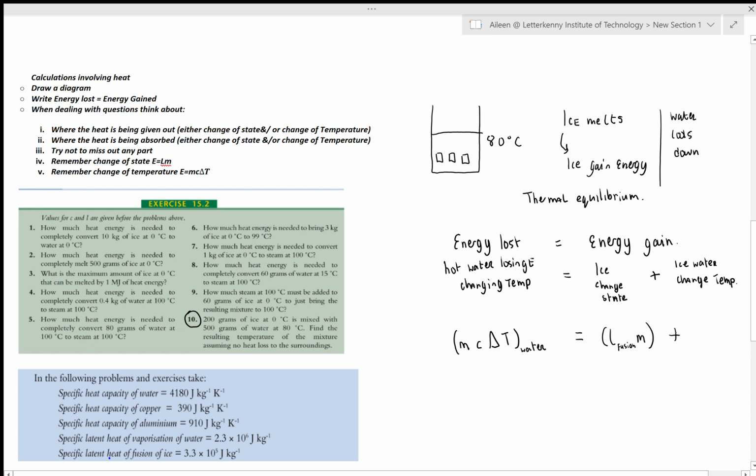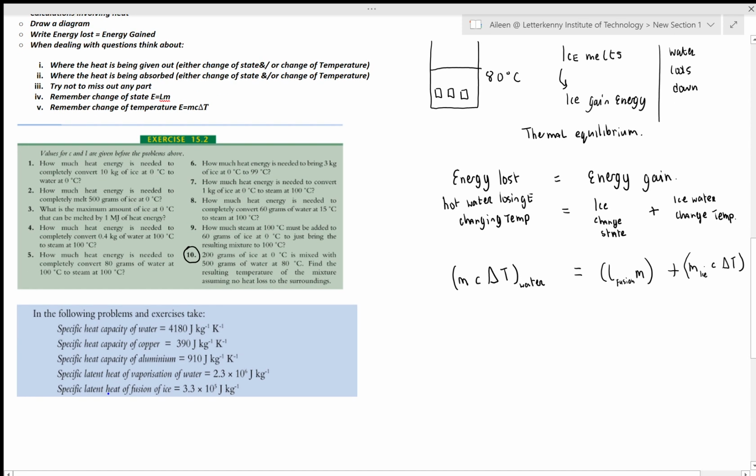Once our ice changes state to water, it is at 0 degrees Celsius, so this ice water heats up. It continues to take energy from that hot water until the hot water and the ice water have a common temperature. So our ice water changes temperature: the mass of our ice times the specific heat capacity of our water times the change in temperature of our ice water.